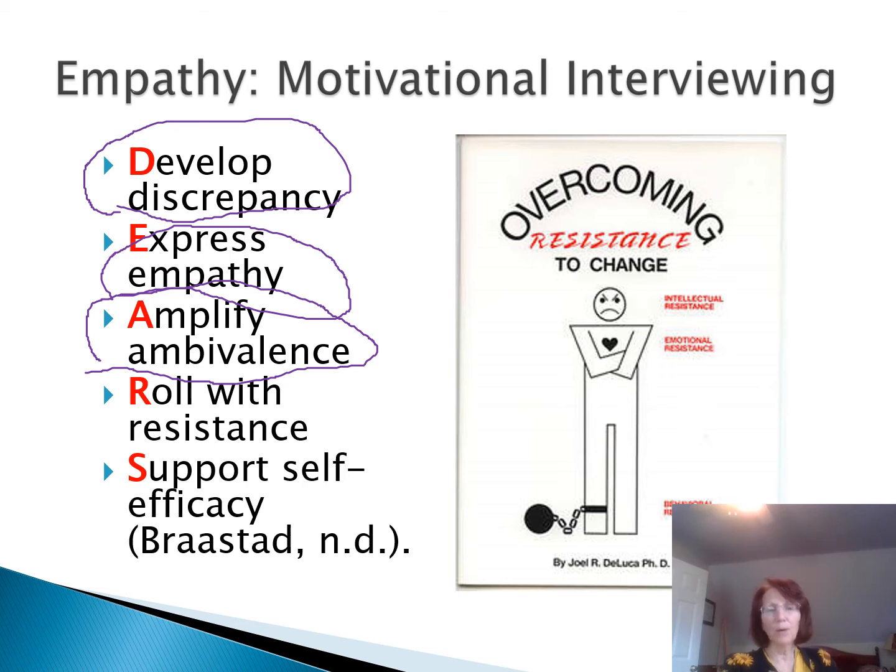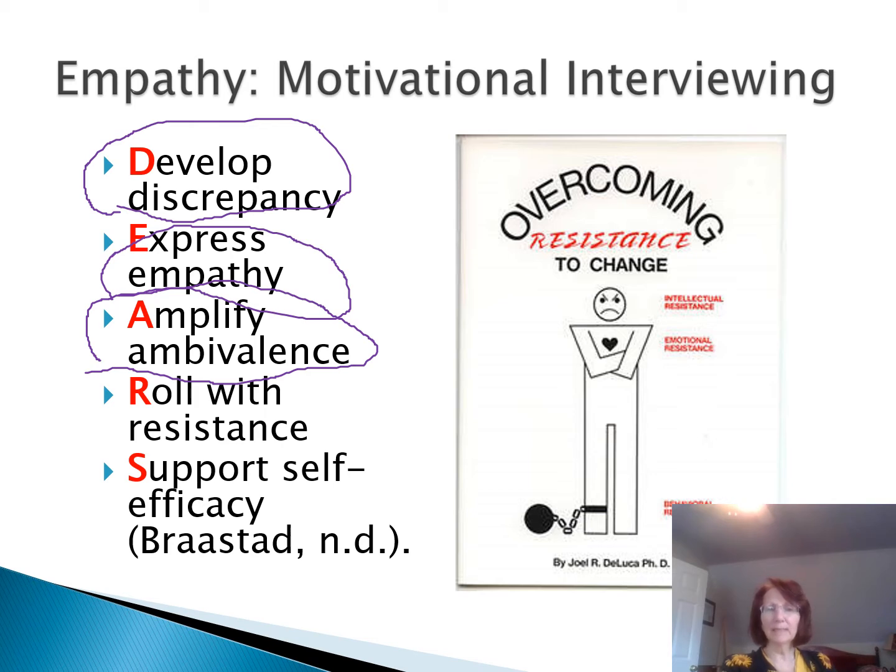In other words, if they said, well, I just relapsed, everybody expected me to do it, we could say, well, it sounds like you know that everybody expects you to relapse and that doesn't bother you too much. That's amplifying ambivalence.